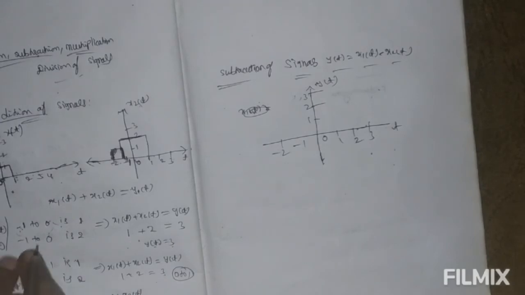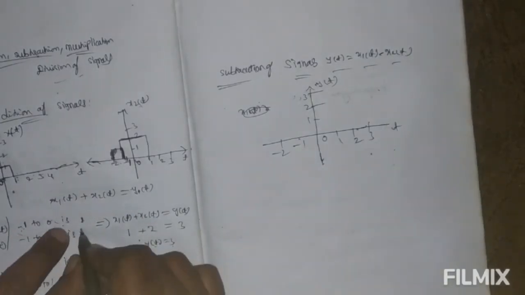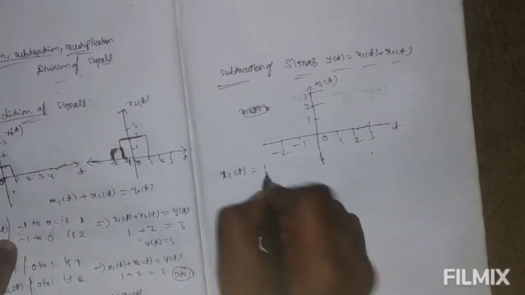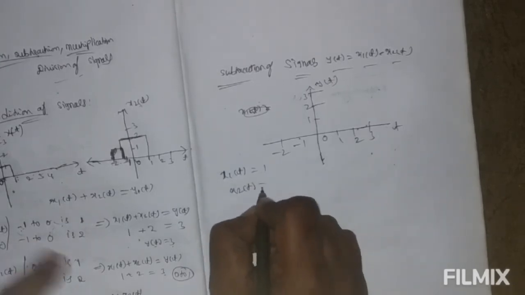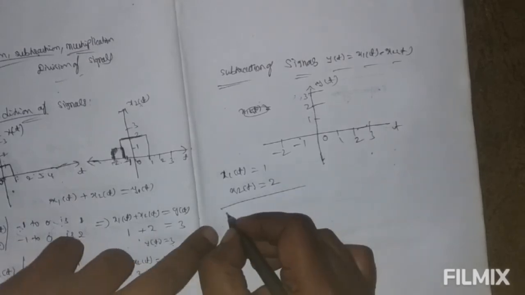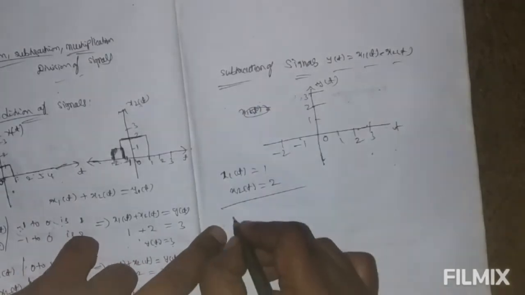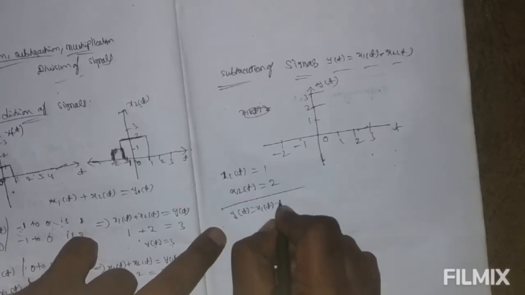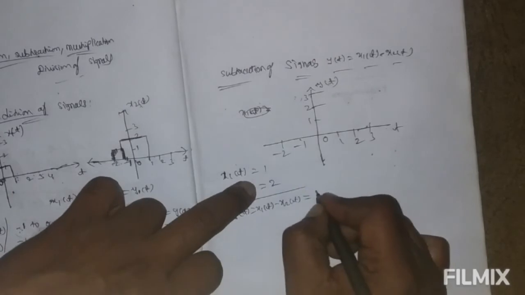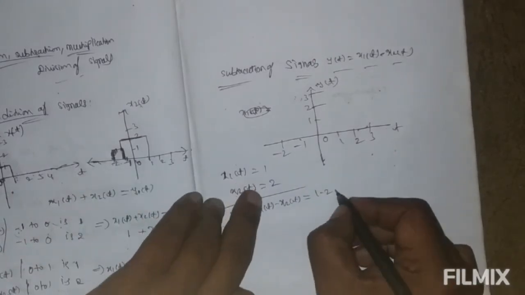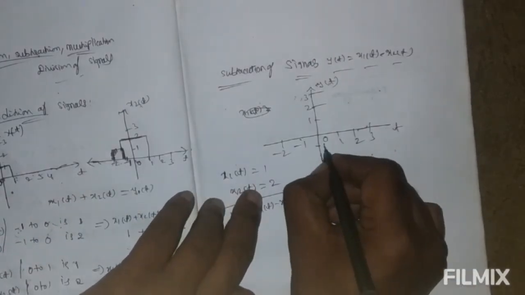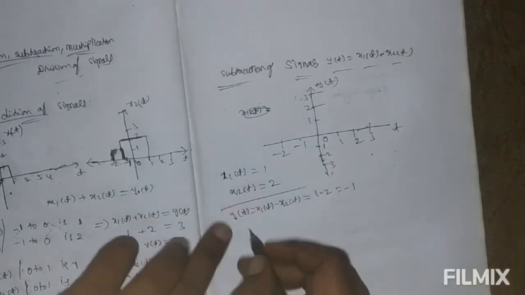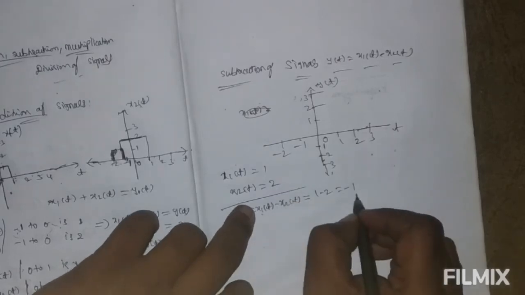Coming to minus 1 to 0, x1 of t equals 1 and x2 of t equals 2. Therefore, the subtraction of the two signals is y of t equal to x1 of t minus x2 of t, which is 1 minus 2, so minus 1.